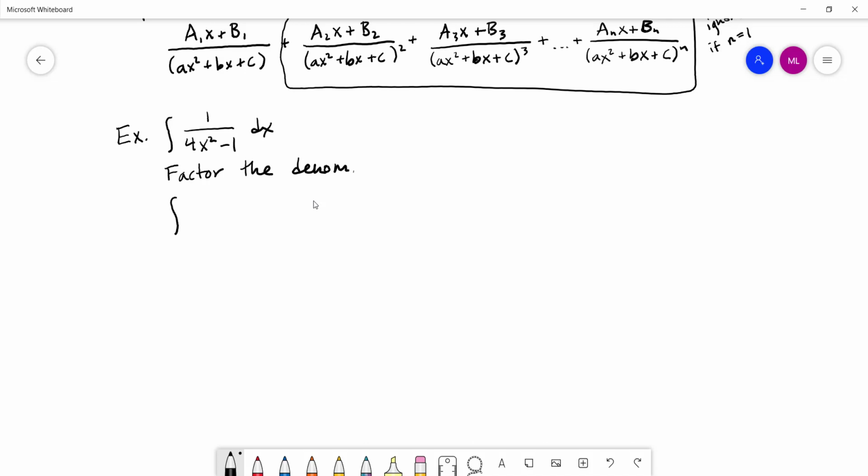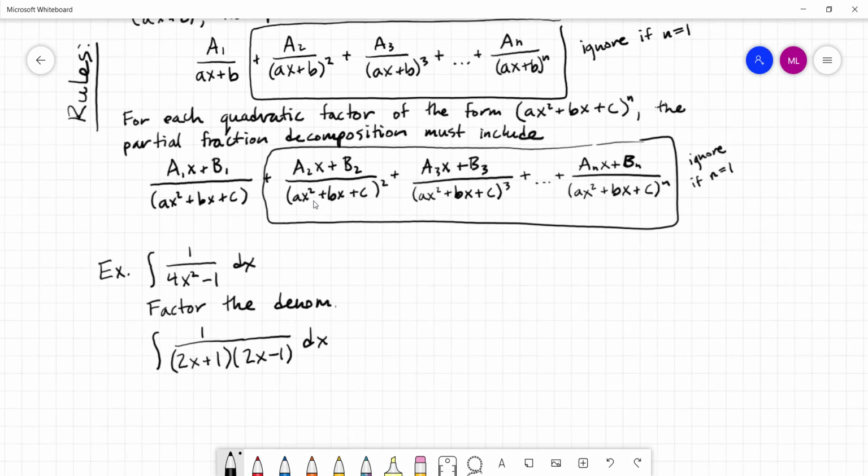And what we'll find is our integral is going to be the integral of 1 over, in this case, 2x plus 1 times 2x minus 1 dx.